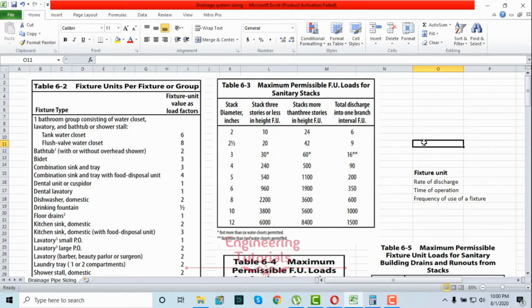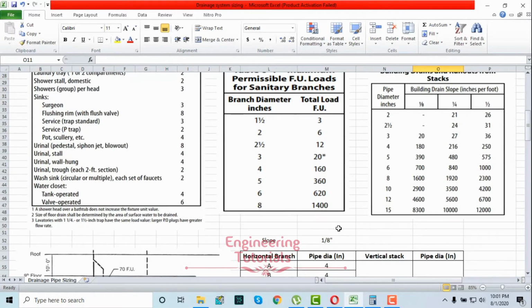These tables you have to get from the local authorities, because every region has its own codes and standards developed by them. For example, if you're working in the Gulf region like UAE, Saudi Arabia, Bahrain, Qatar, you have to follow their standards. This is an international standard which I have discussed here.